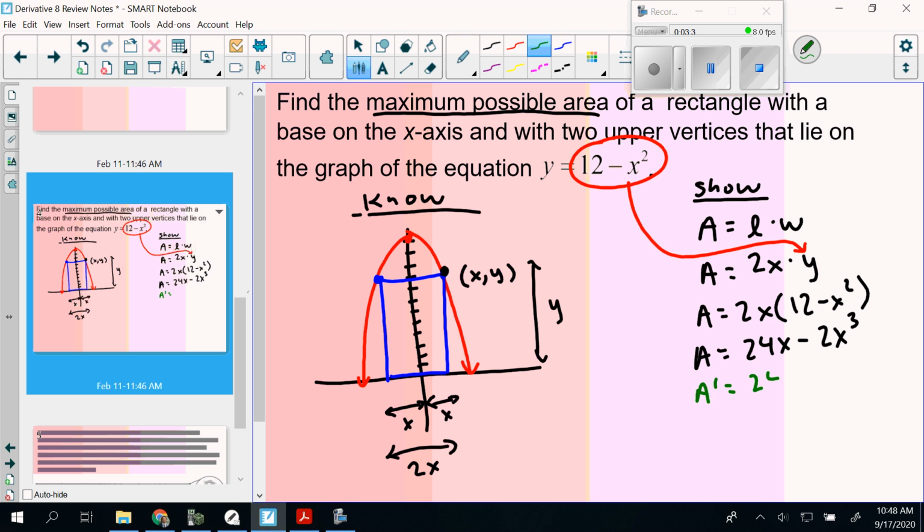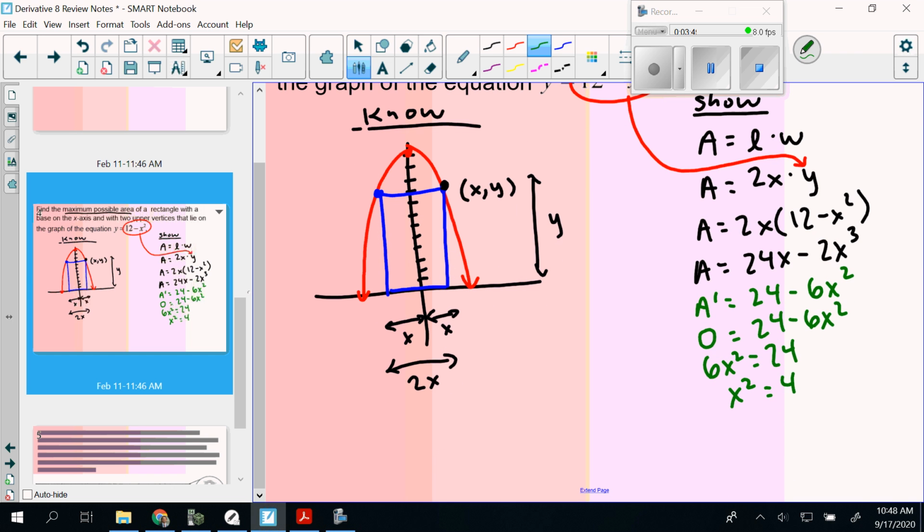Now let's do our derivative. We get 24 minus 6x squared. We know maximums and minimums happen where the derivative is equal to 0. Continue solving this: x squared equals 4. And so we're going to get that x is equal to either plus or minus 2 if we take the square root.